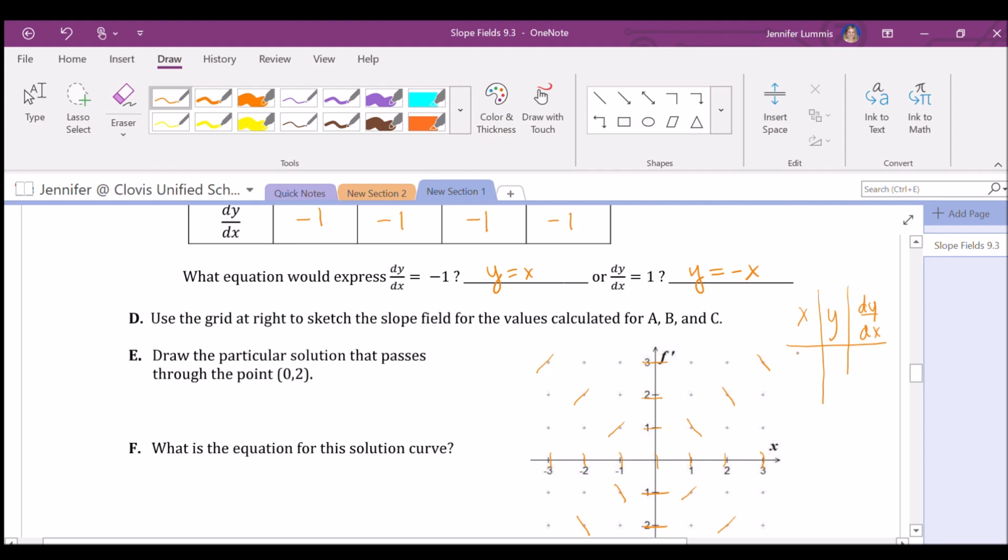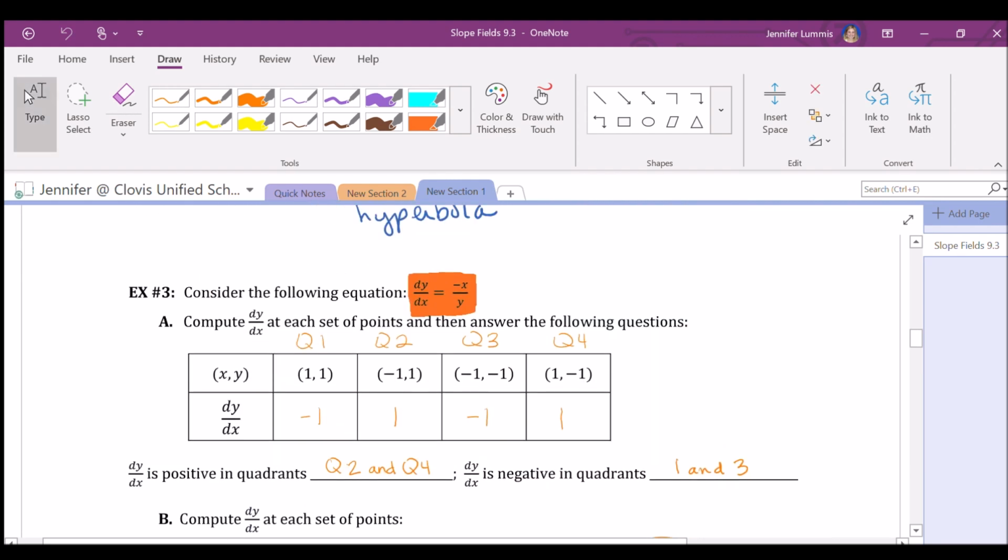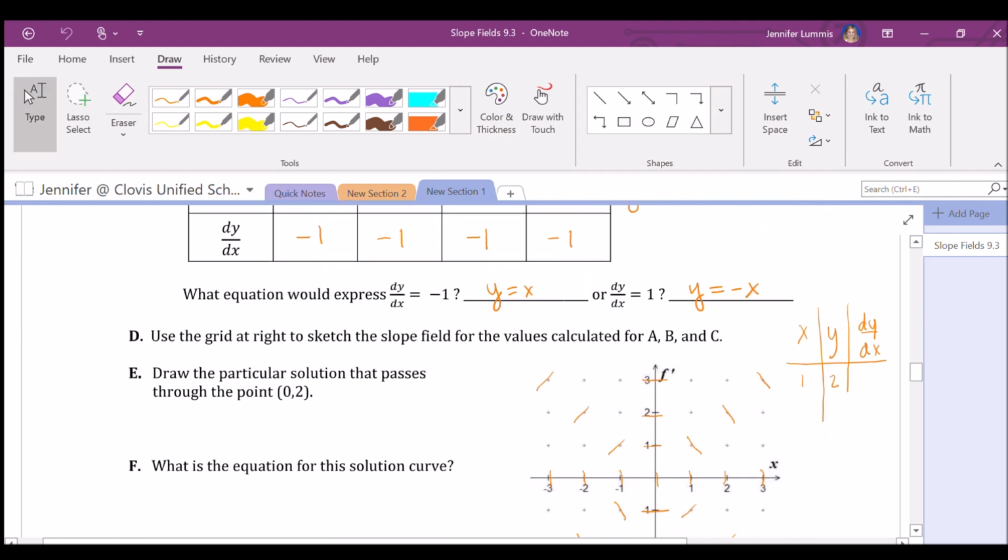So when x is 1 and y is 2, my slope would be -1 over 2, so -1/2. So right here we want a slope of -1/2, about like this.